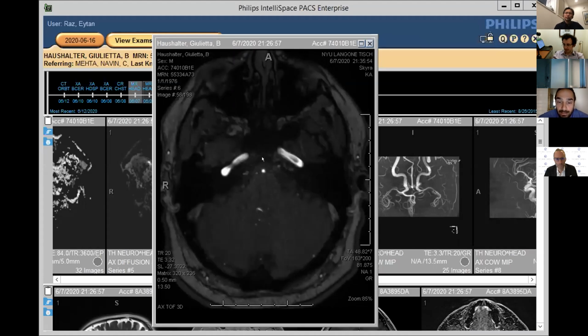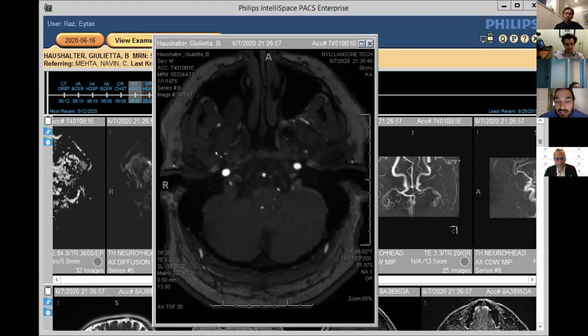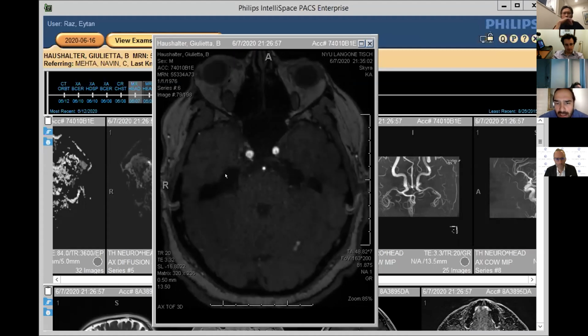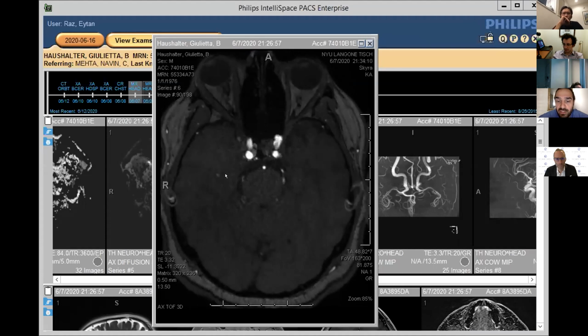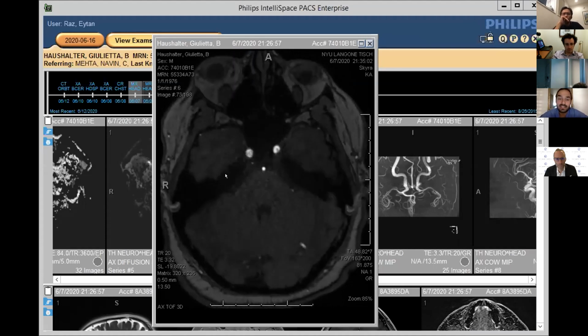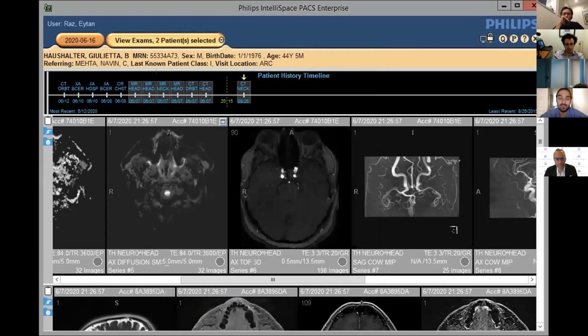The middle meningeal artery doesn't seem particularly enlarged compared to the left. Anyhow, what we see here confirms that there is a right carotid cavernous fistula. It looks like an indirect carotid cavernous fistula, and the next step is to do an angiogram.